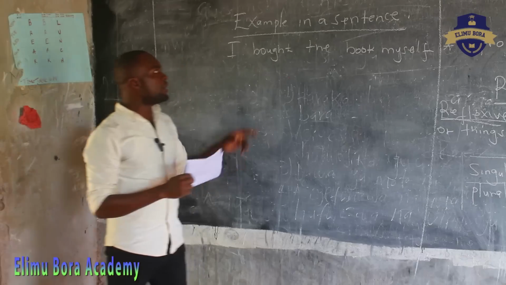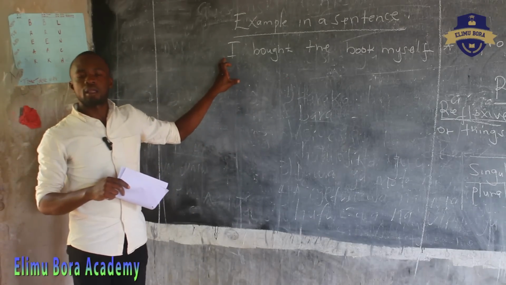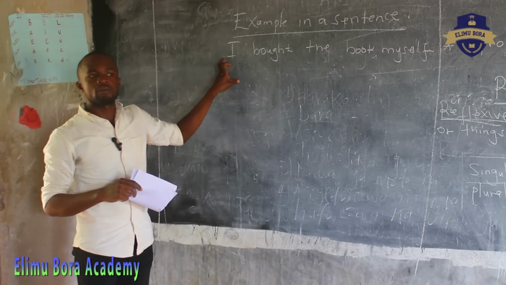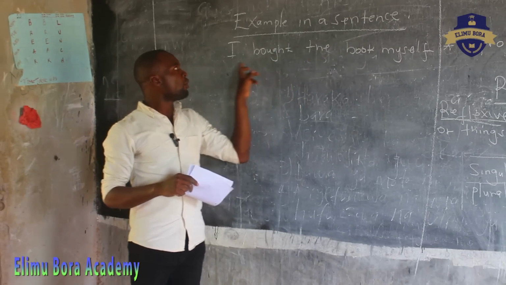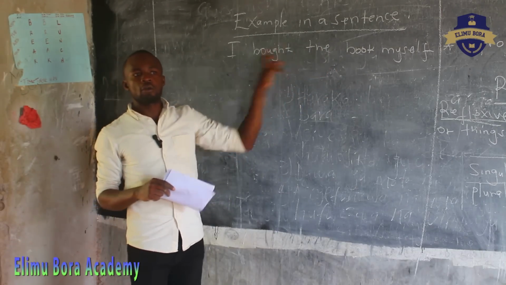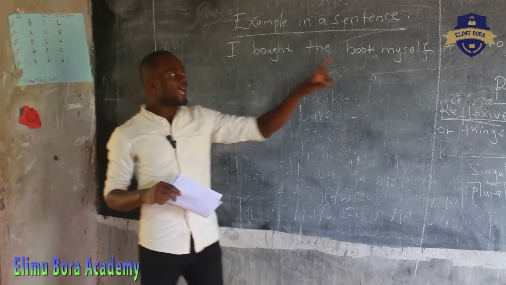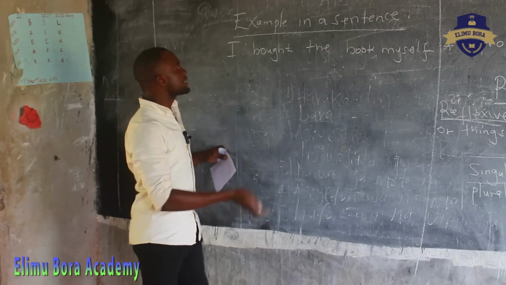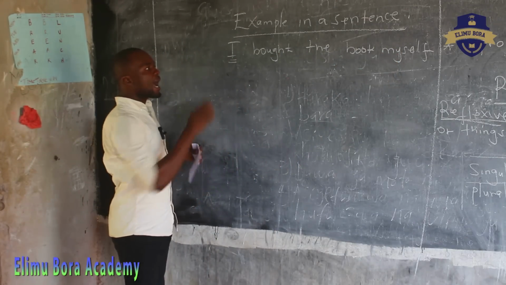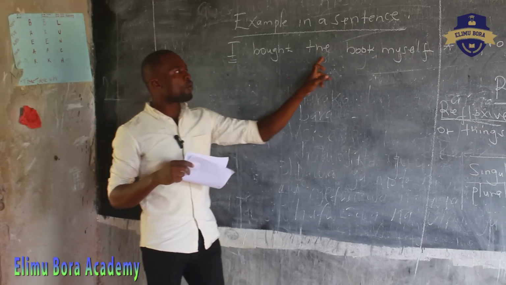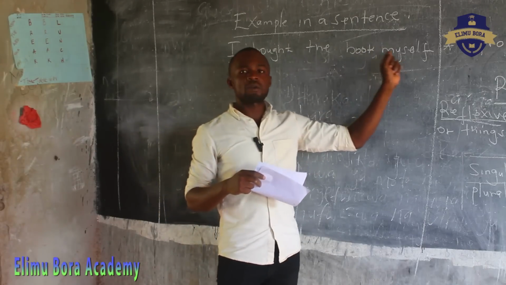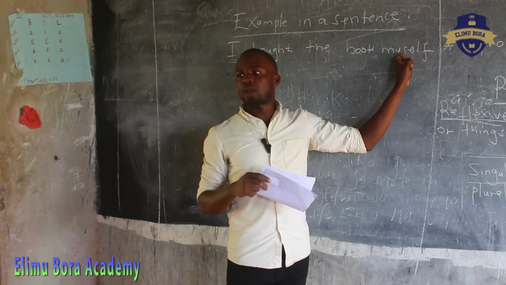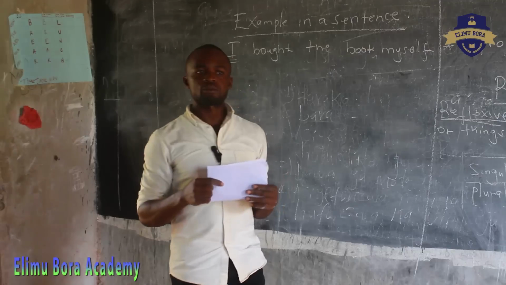Everyone read on the blackboard. Who bought the book? So you did it yourself. This is the subject. I bought the book myself. That is the first person in singular. What about plural?